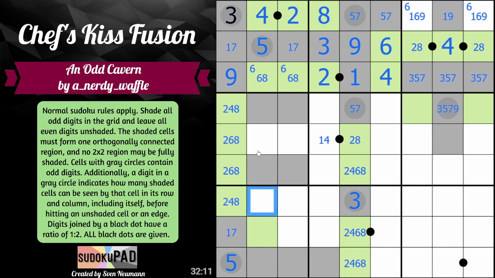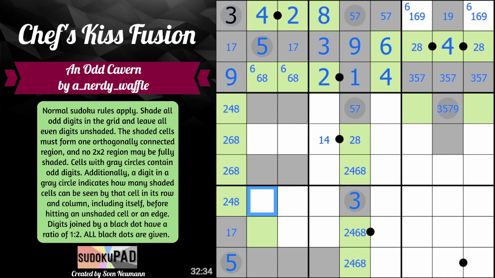I think I said the gray can go here. The other two are green. This is green. Can this be gray? It can be, because we could go something like that. Is that the only way to do that? One second.